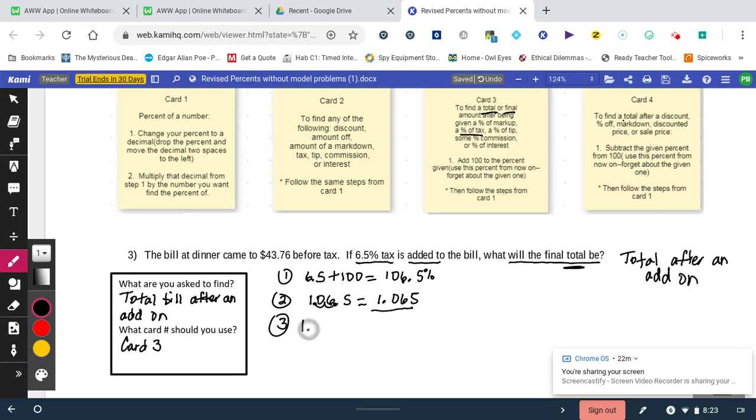So I'm going to take that decimal, and then I'm going to multiply that decimal by the number in this problem. Well, what are we trying to find, the tax or the total? It taxed the number $43.76.